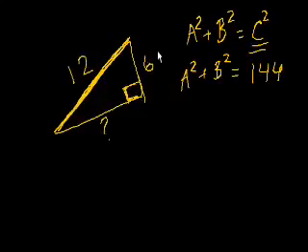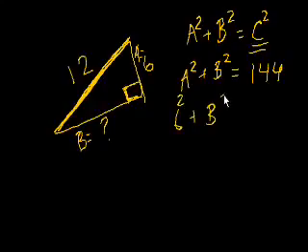So I've got to ask you a question. Does it matter which side we substitute for a or b? Well, no, just because a and b do the same thing in this formula. So we can pick any side to be a other than the hypotenuse, and we'll pick the other side to be b. So let's say that this side is b, and this side is a. So we know what a is, so we get 6 squared plus b squared is equal to 144.